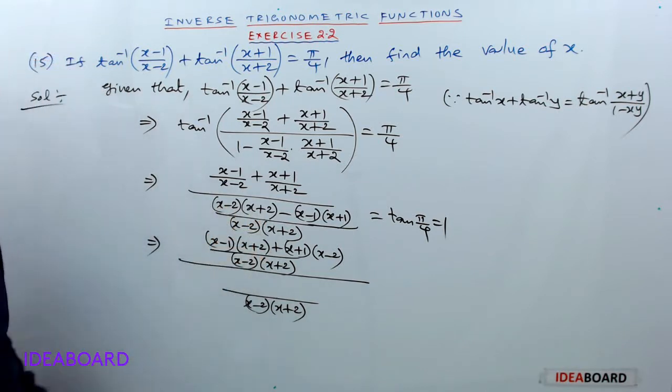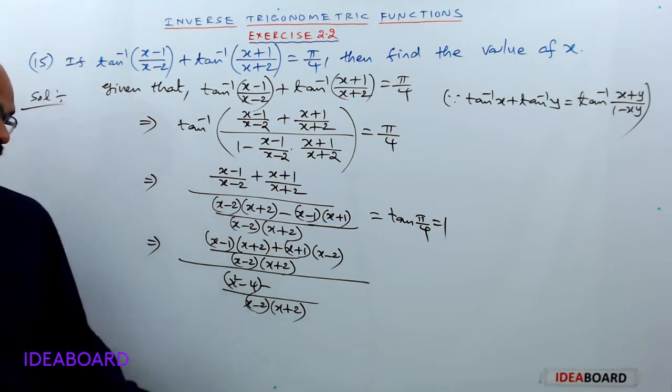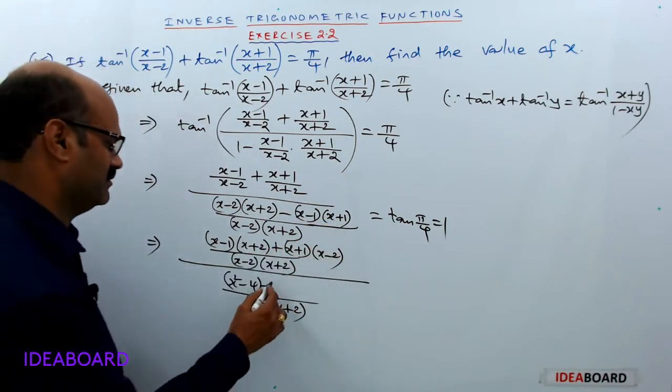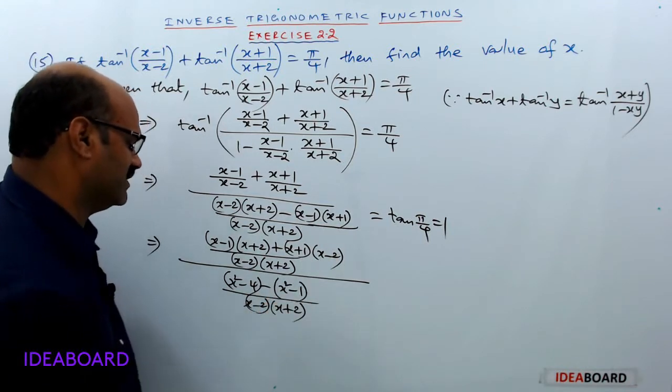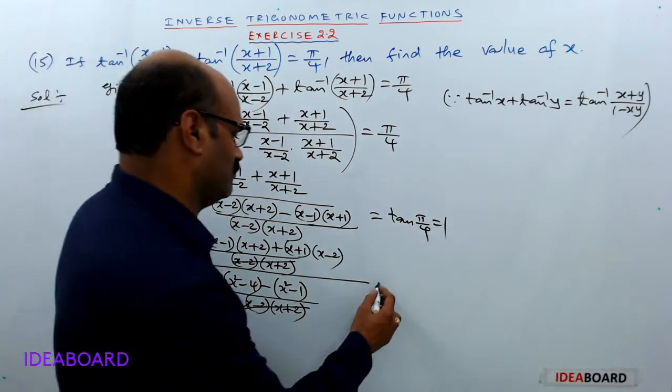So x square minus 4 minus, a minus b into a plus b equal to a square minus b square, x square minus 1. These two are cancelled, equal to 1.